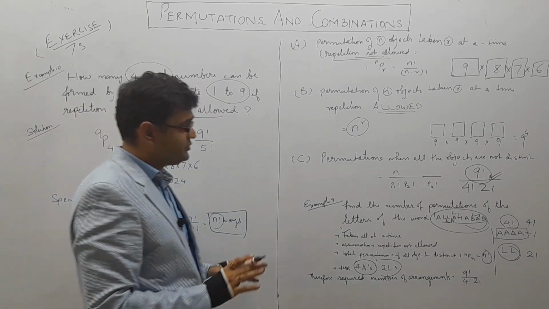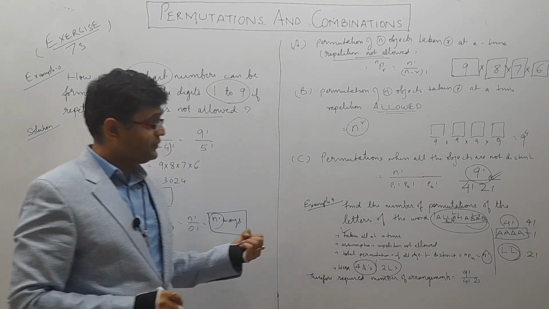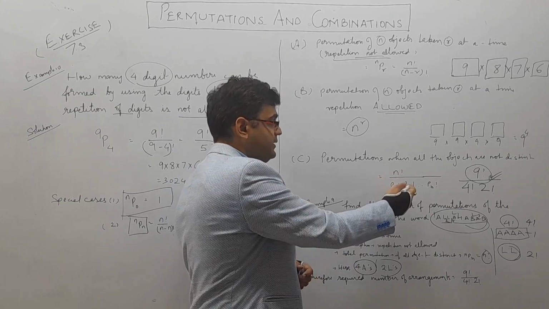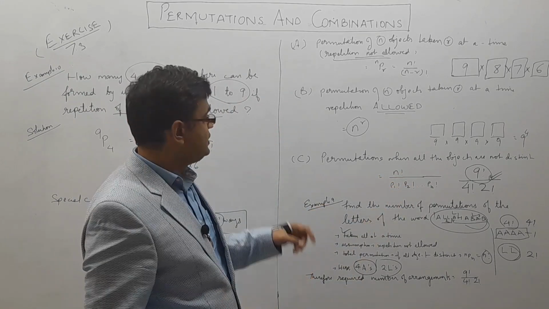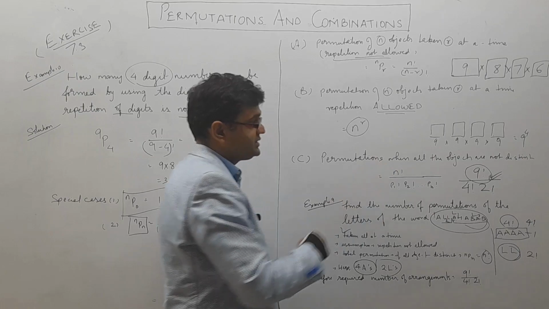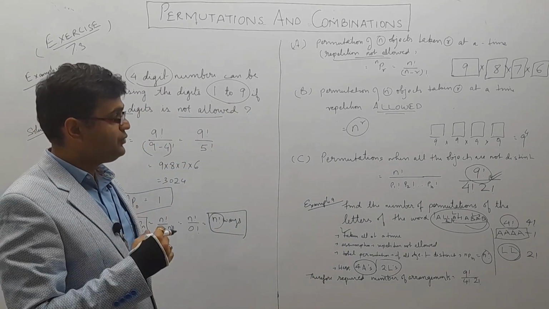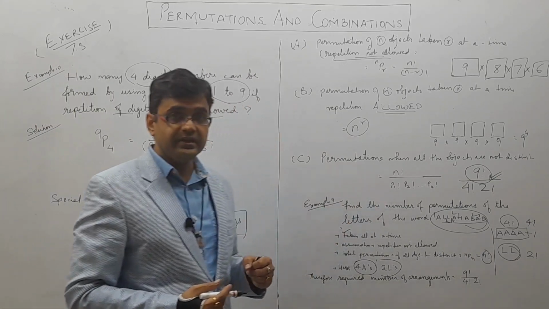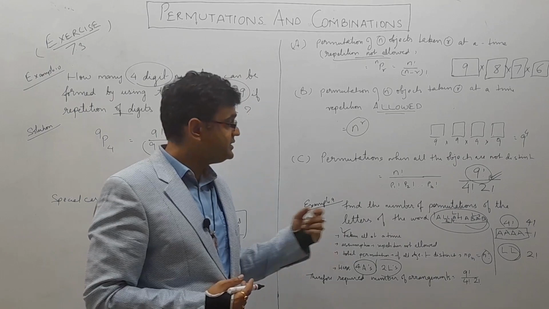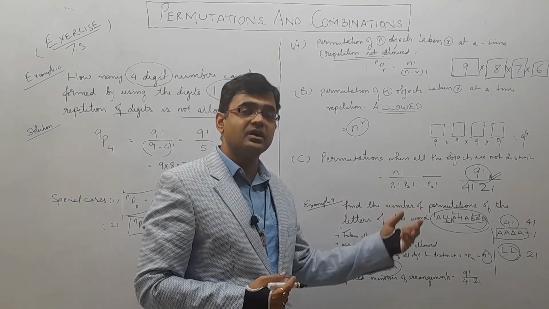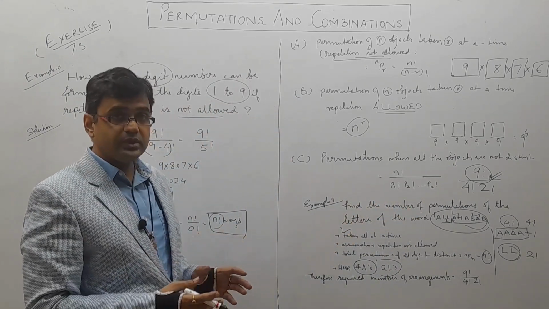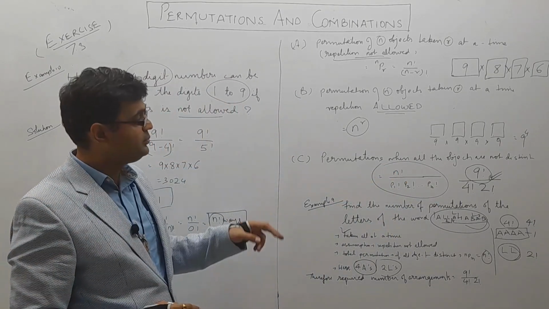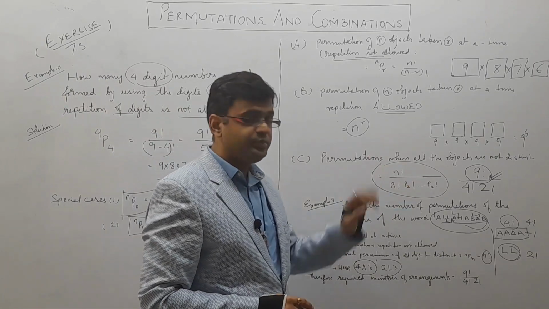So it is basically very simple. If there are certain objects of the same kind, we have to divide n factorial by those repetitions. For example, the permutation when all objects are not distinct: if there are n objects out of which p1 are of one kind, p2 are of another kind, p3 are of another kind, and so on, pk are of some other kind, then the total permutations would be n factorial upon p1 factorial, p2 factorial, and so on up to pk factorial.